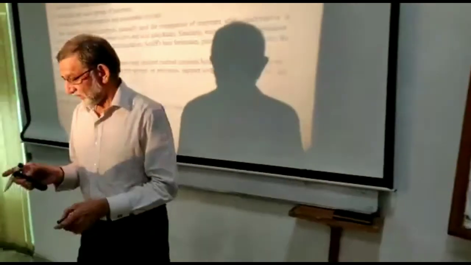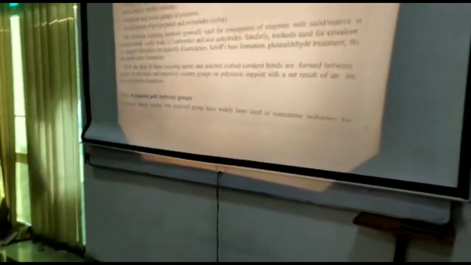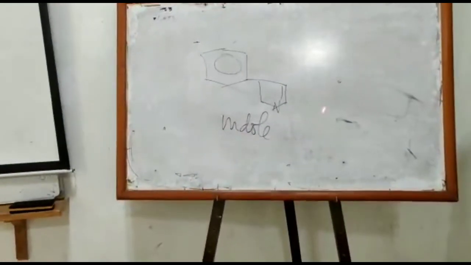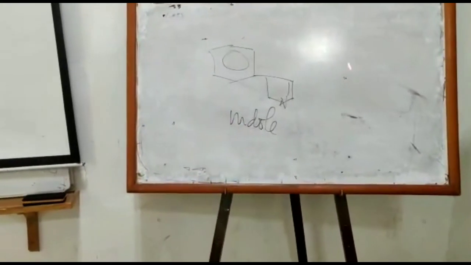So here is the structure of the indole group and this is the imidazole group. These are also important, present in amino acids, and responsible for letting the enzyme stay upon the substrate and have a covalent linkage.